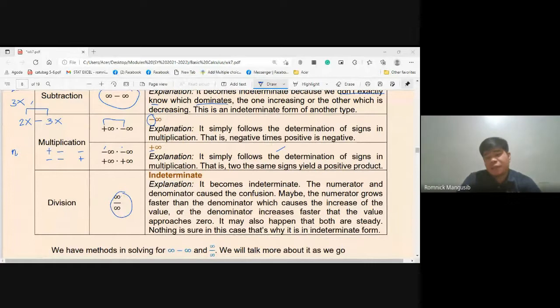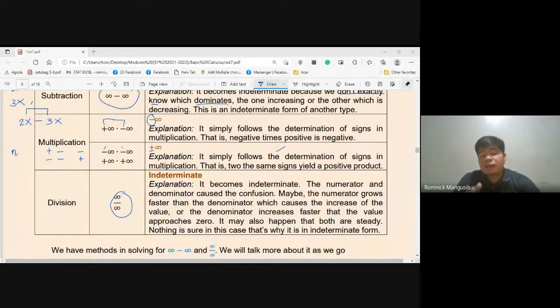Pag binaliktad mo naman, the numerator decreases faster than the denominator, then that's another story. Anyway, as we go through, meron silang rules. Very sensitive, kaya nga sabi ko sa inyo during the introduction, very sensitive ang rational functions because the presence of division also dictates rational function. Napaka-sensitive nila. Kaya kilalanin natin sila. Okay?